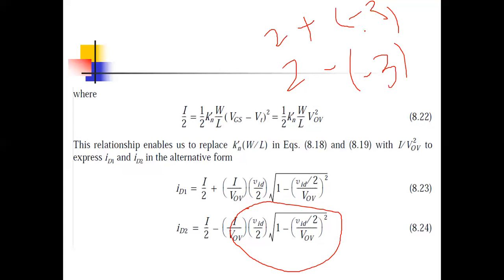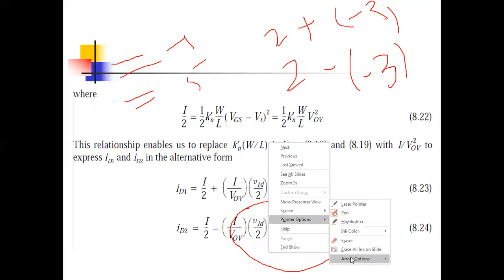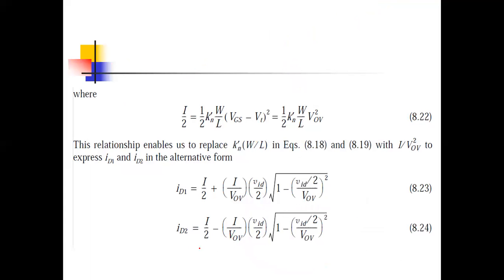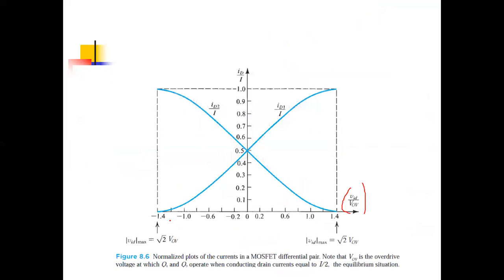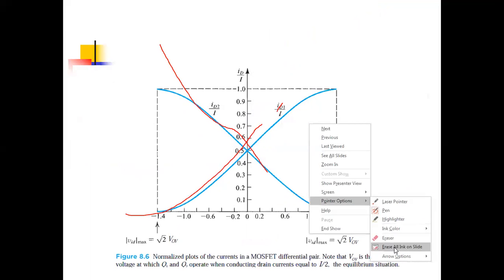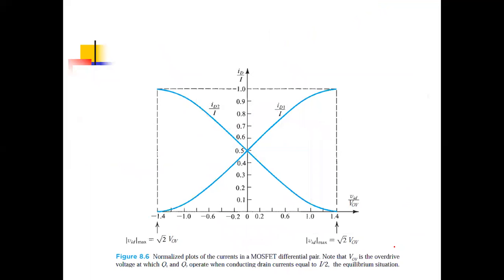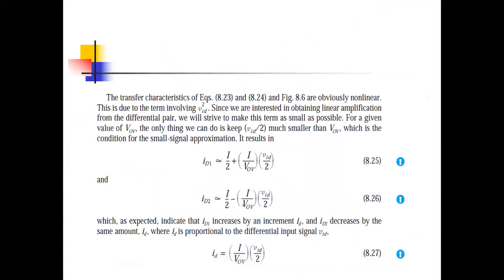So the upper one becomes minus 1 and the lower one becomes 2 plus 3, which is 5. So when the negative value increases, ID2 increases and ID1 decreases. So this is your differential amplifier characteristics, or the differential amplifier transfer characteristics.